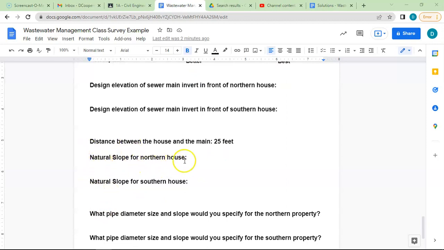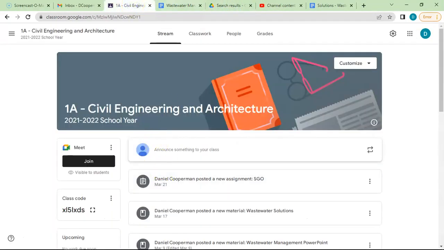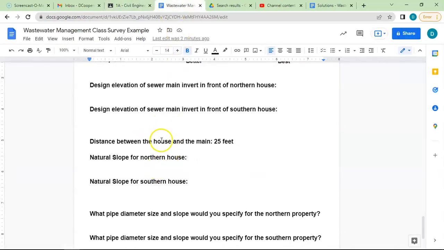Like we're starting at elevation 14 for our invert leaving the house. We're starting at 14. We are ending at wherever you calculated right above it, right over here. So you're just getting the slope. Starting is 14, ending is over here, and then you're dividing it by 25, and that'll give you the slope of the natural invert. Now you can go lower than that, but really that's like the maximum that you can do.